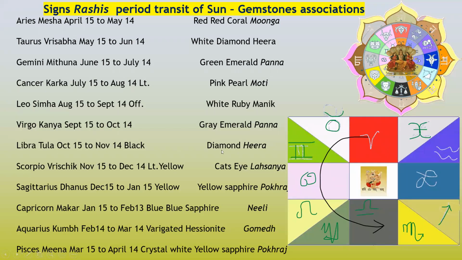And Libra is diamond. And the color, this will come as a big surprise for a lot of people. The color is black. For Libra, the color is black. And not black diamond, please note. The color is black. It's a misprint here. It should have been around here, the color black.